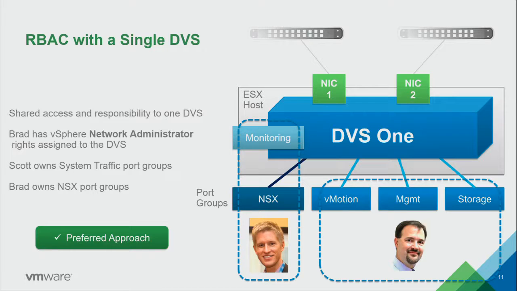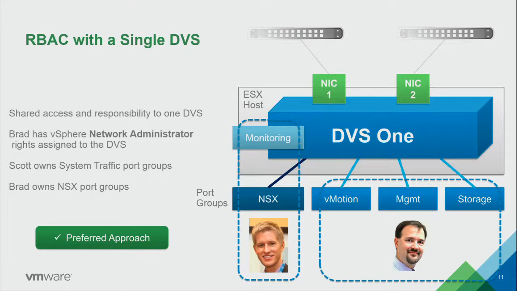Then we can take the system DV port groups that control system traffic, management, IP storage, vMotion-related VM kernel traffic, and give control to the server admin team, those guys that are working for me. And then we can take the NSX-related port group or port groups and give control to the networking team, because they are responsible for managing that VM-related network traffic.